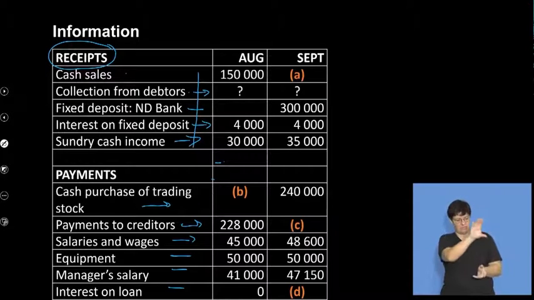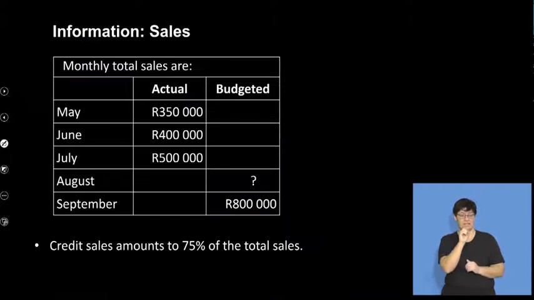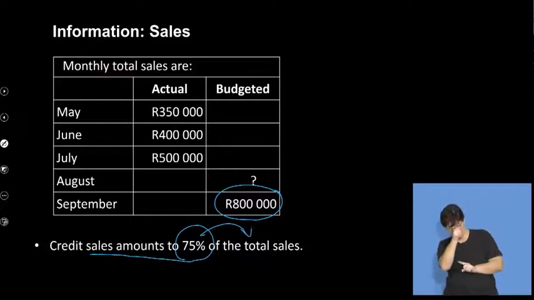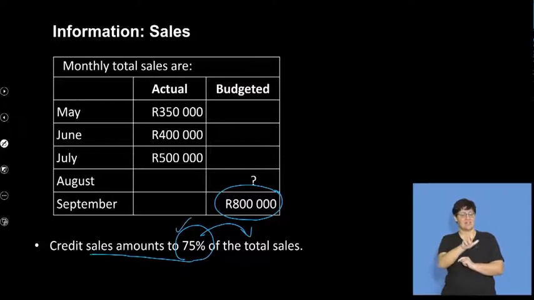What are we expected to calculate? Firstly, the cash sales for September. What information do we have? We are told that our total sales amount to 800,000 Rand. Credit sales amount to 75% of the total sales, clearly giving you an indication that your cash sales have to be 25%. How do I get that? Clearly, 100% total sales minus credit sales of 75% gives me my 25% cash sales.